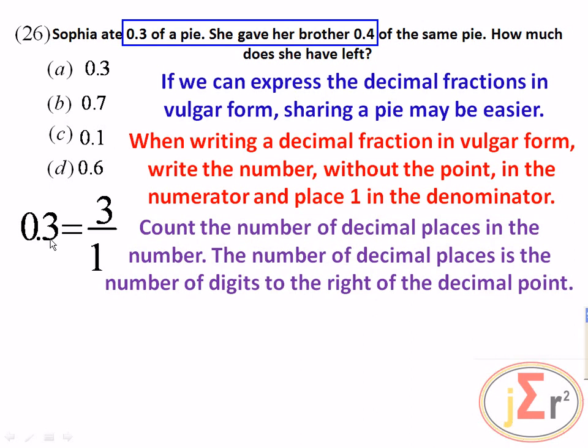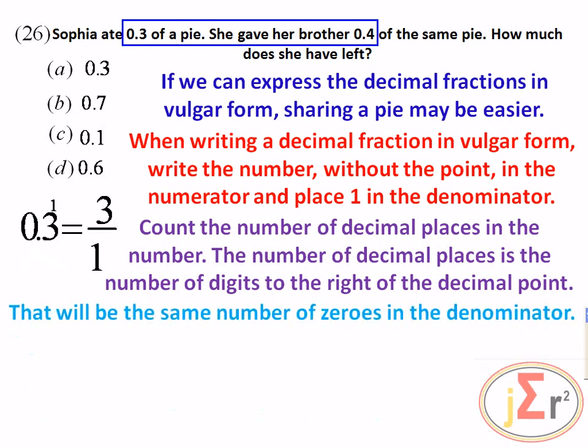So we have 1 place of decimal. The digit to the right of the decimal is only this 3, and we only have 1 digit to the right of the decimal point, meaning that we have 1 decimal place.